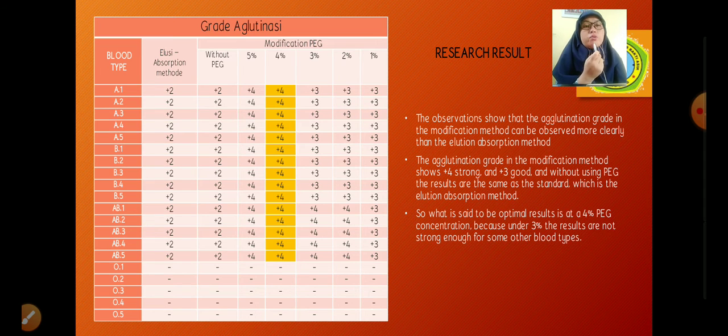The observation shows that the agglutination grade in the modification method can be observed more clearly than in the elution absorption method.